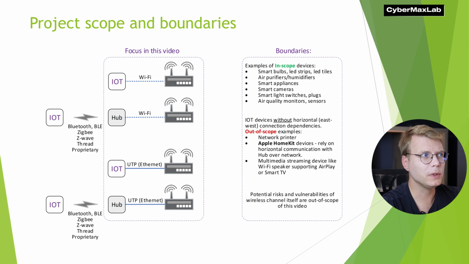Now, it's time to set some scope and boundaries for this video and for this design. Again, the IoT world is huge, right? There are different types of devices, different protocols, different types of connection, and we can usually separate multiple major areas.